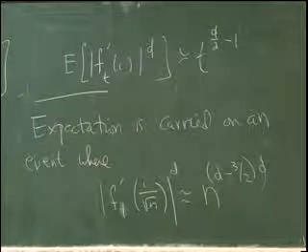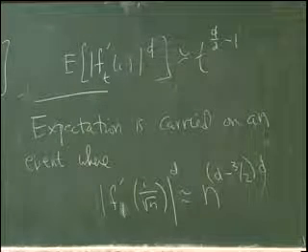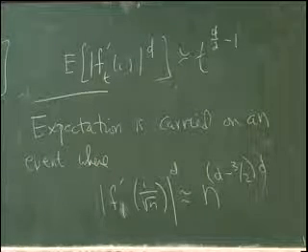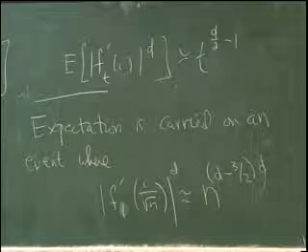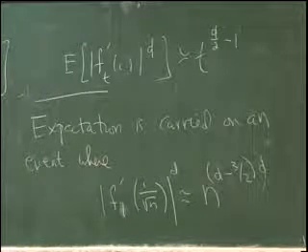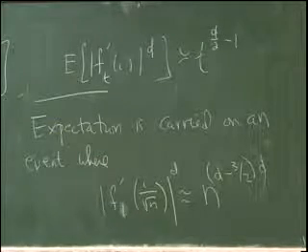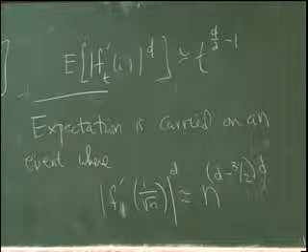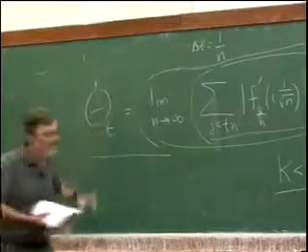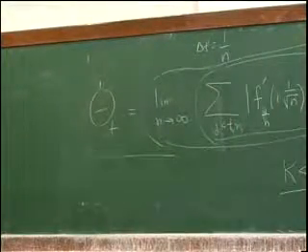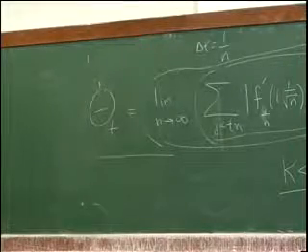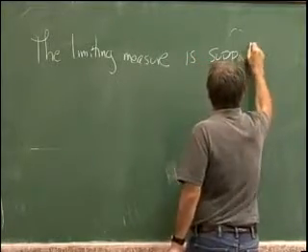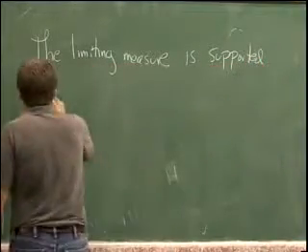So what I get is that, if you think about this, what this says is the limiting measure, and when I say limiting measure, I'm not worrying about whether it exists at the moment, but suppose I take this limit here and think of this increasing function as giving me a measure, is supported on a set.